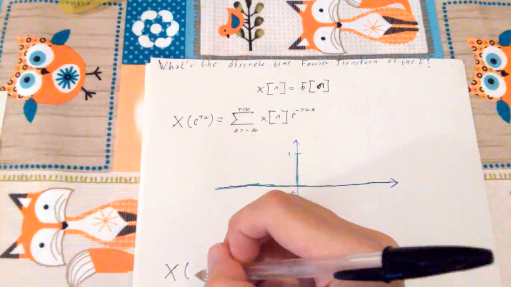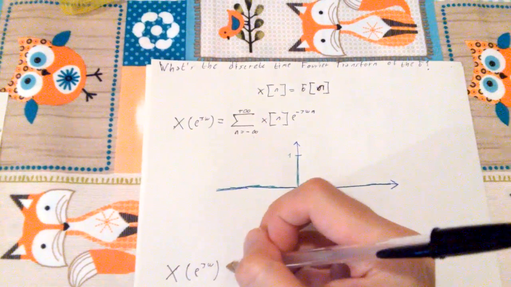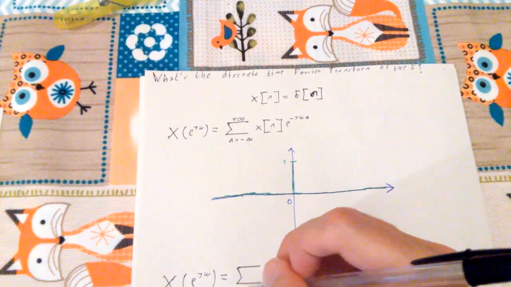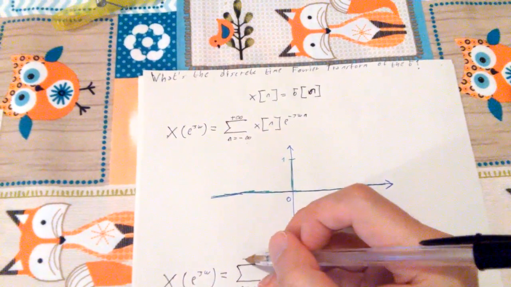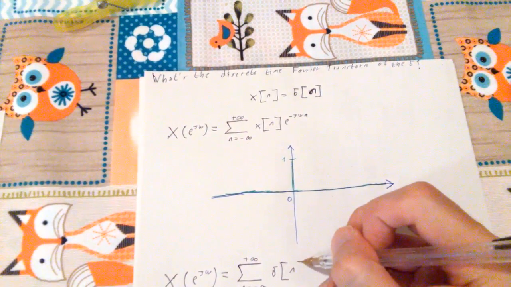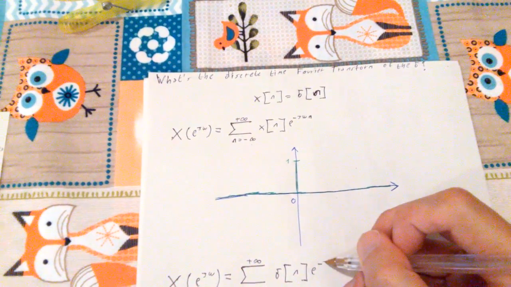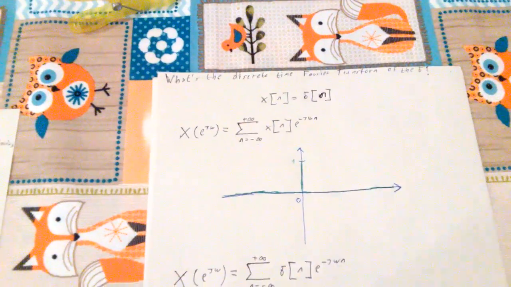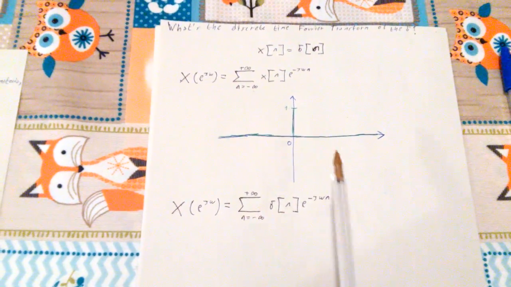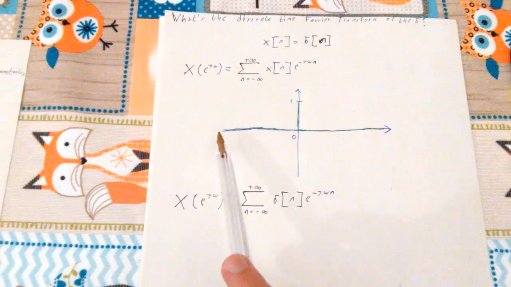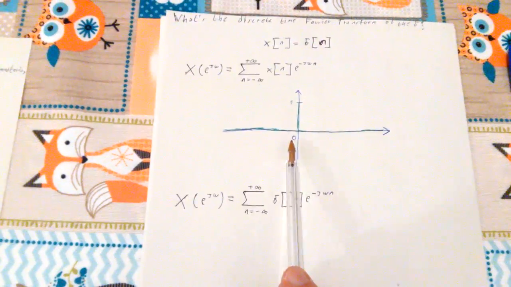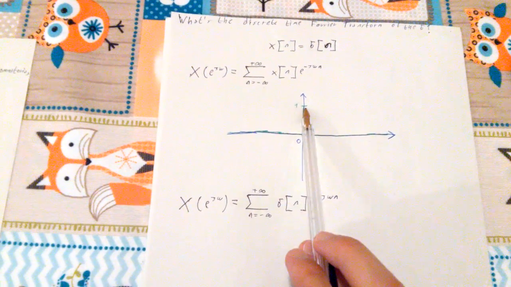Capital X of e to the j omega equals the sum of n that goes from negative infinity to positive infinity of delta of n e to the negative j omega n. Now this sum is not a sum because the delta is 0 everywhere except at 0 where it's 1.